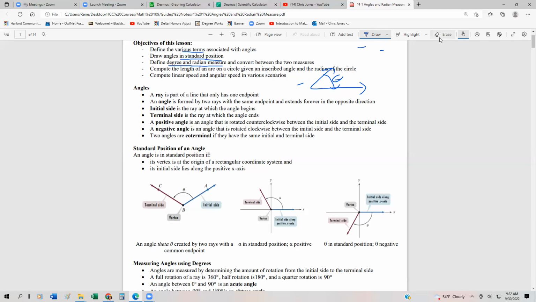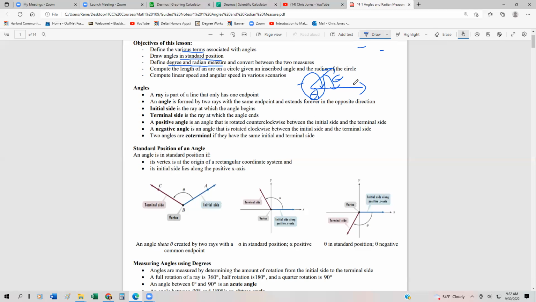Two angles are coterminal if they have the same initial and terminal sides. So if I decided to create an angle that went all the way around like this, and I called that theta sub 1, that angle would be coterminal to theta, because they basically begin and end at the same rays. It could overlap, and that's perfectly fine.